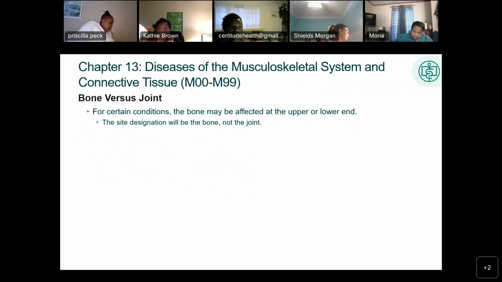So the site designation will be the bone and not the joint. So this is again another one of those sections where anatomy comes into play in a huge way. But remember, you got your anatomic diagrams in the front of this book as well, near the guidelines. So you don't have to memorize all your bones.